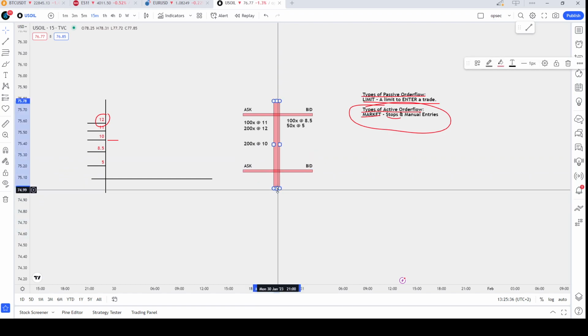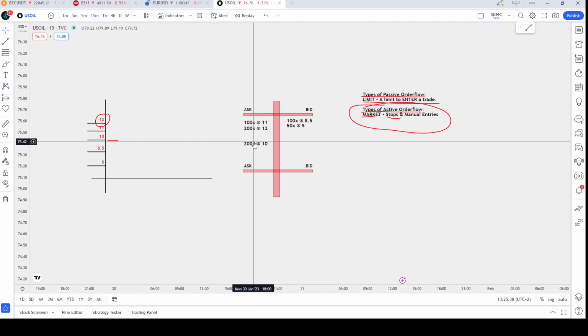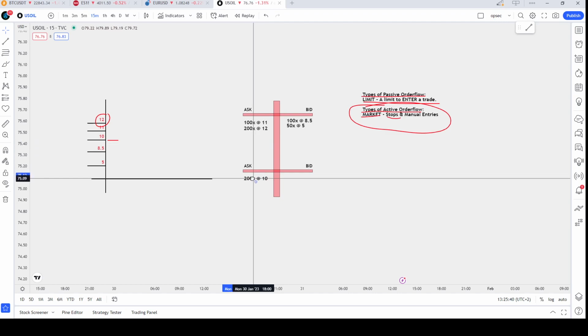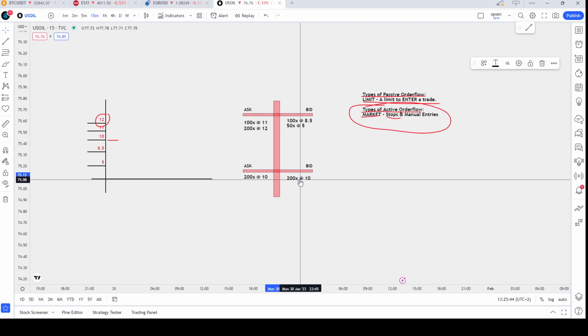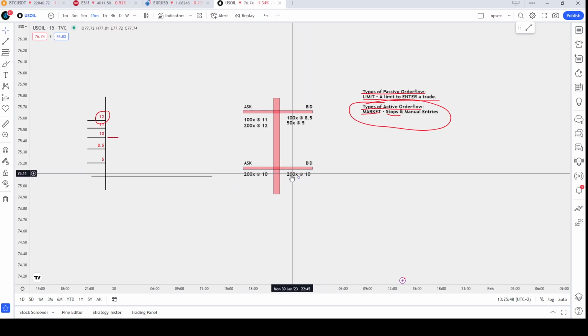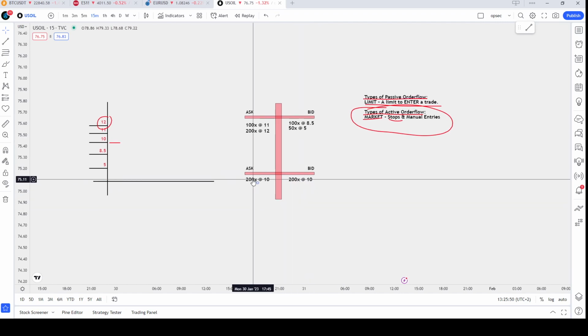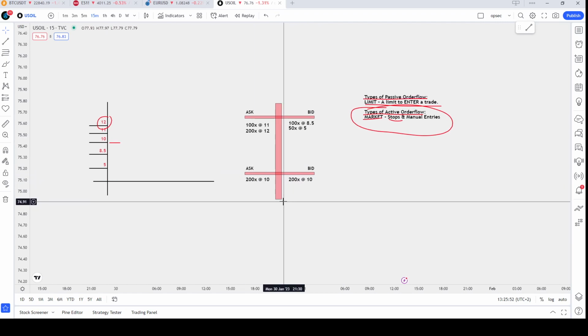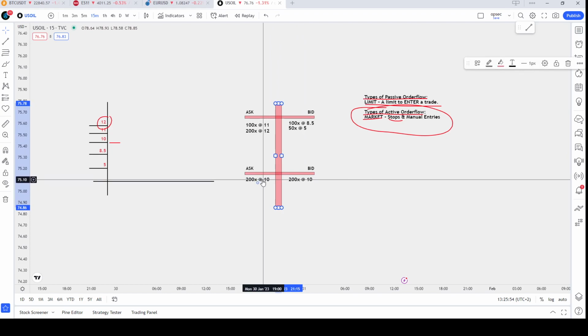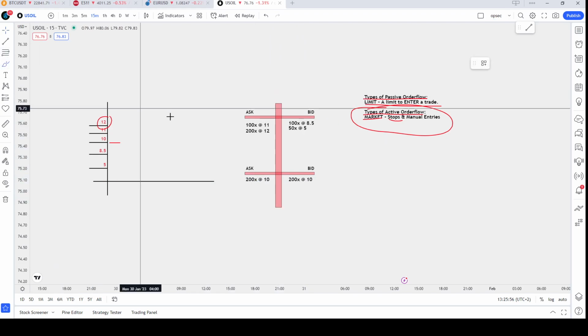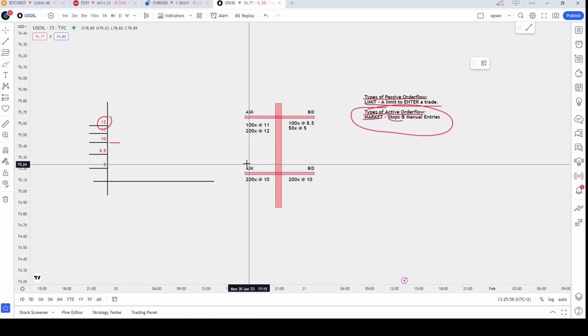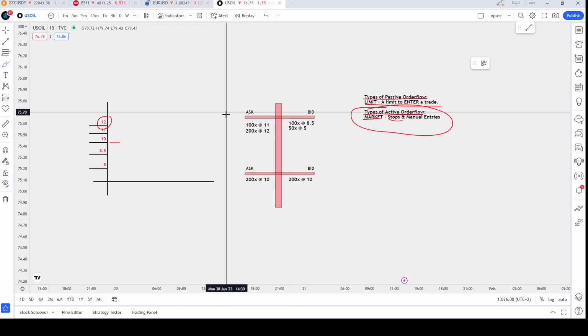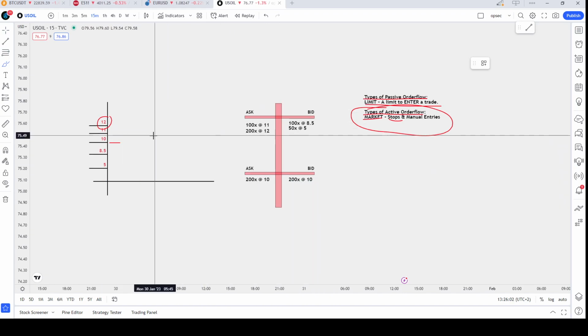Here's going to be our active order flow chart. So this 200 ask at 10 got paired with a buyer over here. Somebody sold and somebody bought here, and that is why price is currently at 10. Here's the last traded price. This is our active order flow down here, and then our passive order flow up there.